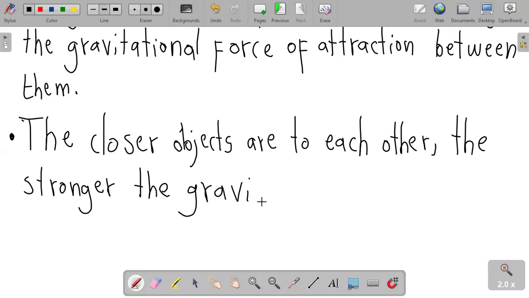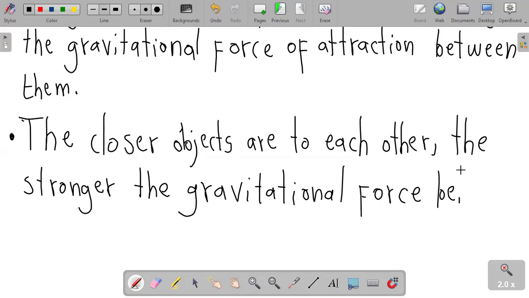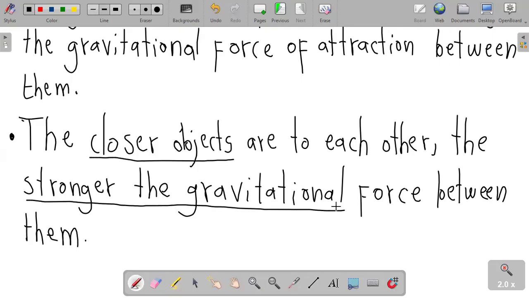The gravitational force is strong if the objects are close to each other. Closer objects, the stronger the gravitational force between them.